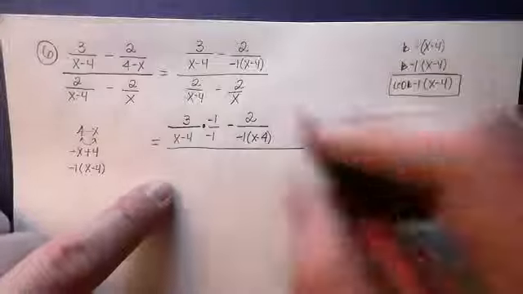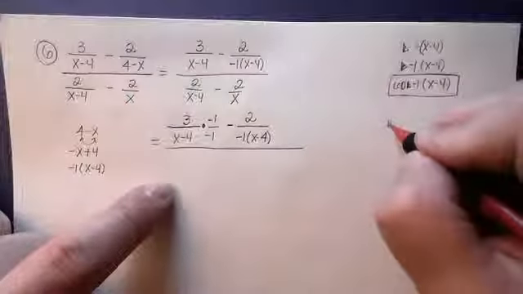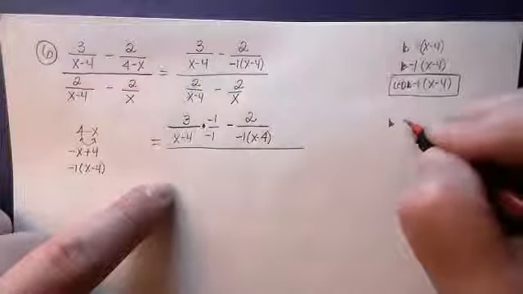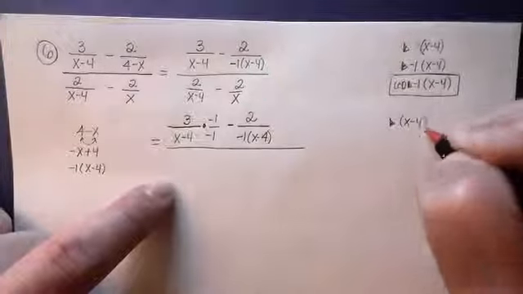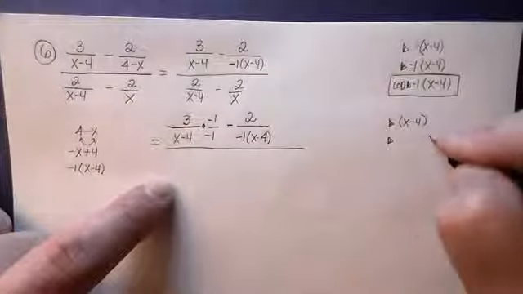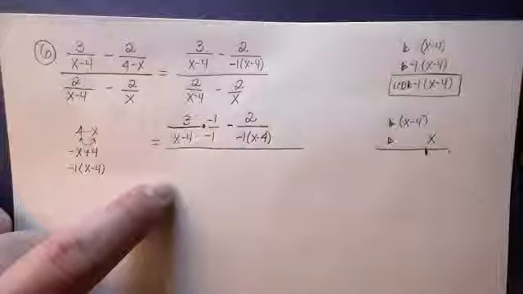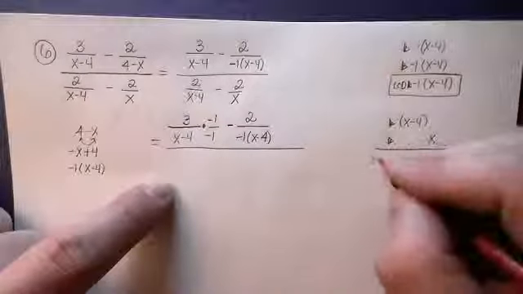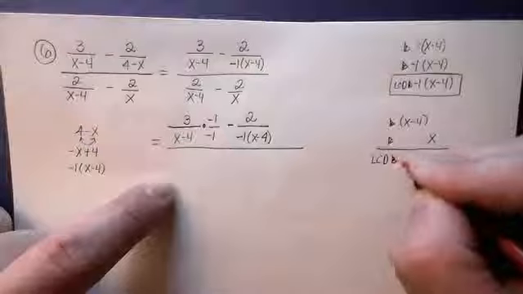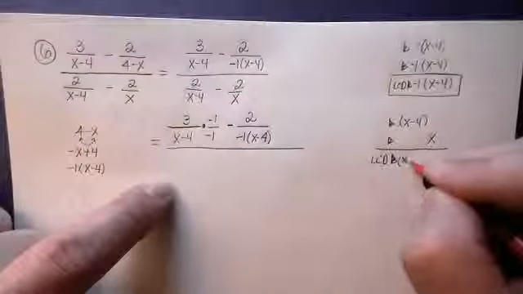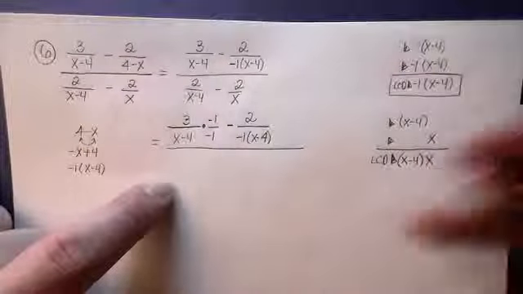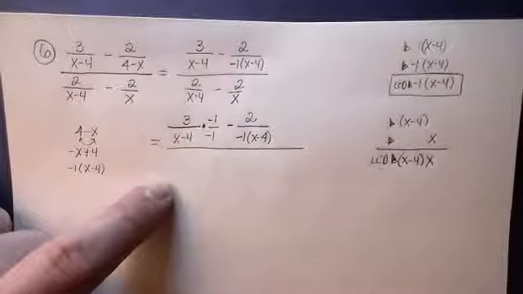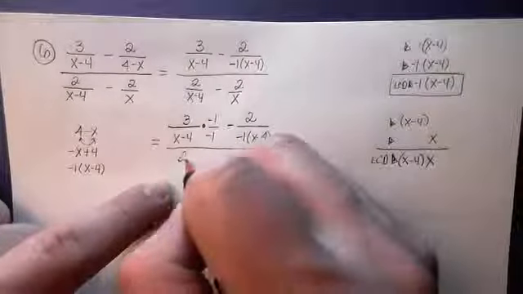Alright, on the bottom, we're going to do the same thing. We're going to compare the denominators. We have x minus 4, and the second denominator, we have x. So that means the LCD is going to be x times x minus 4. Alright, with that in mind, we copy the first fraction.